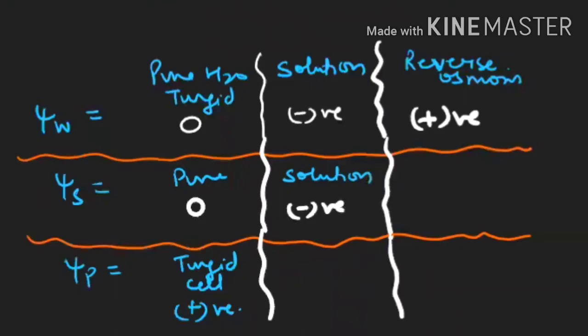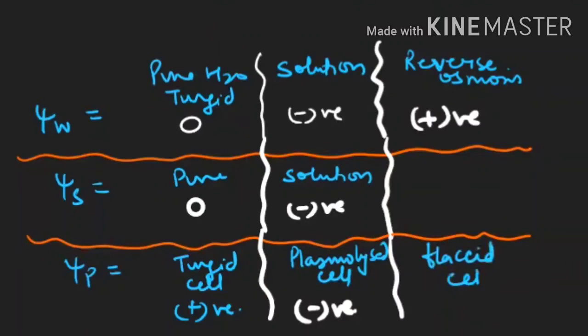Then where it will be minus: it will be minus in the plasmolysed cell. And it will be 0 in case of the flaccid cell. The value will go 0. I hope this will help you to learn and you can easily solve the questions.